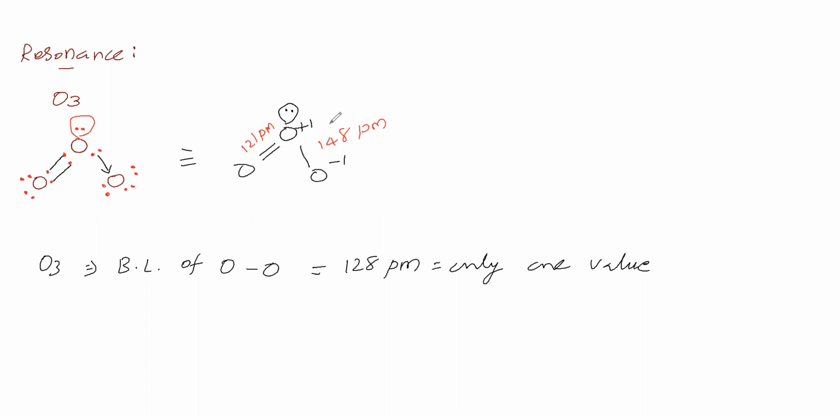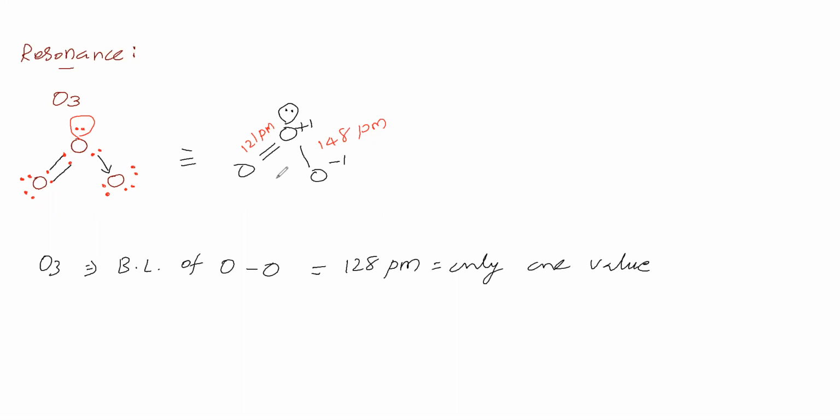Then this Lewis dot structure is not explaining this experimental fact. Therefore this Lewis dot structure is not the actual structure of ozone.